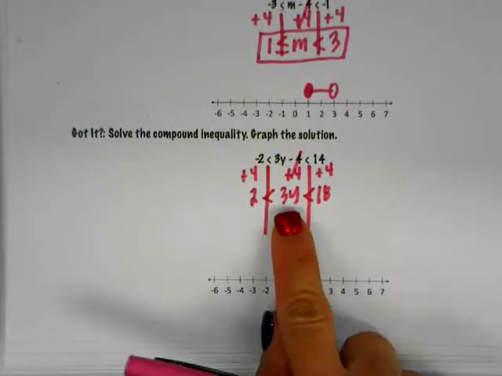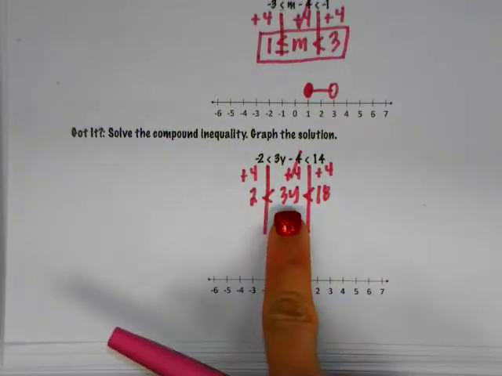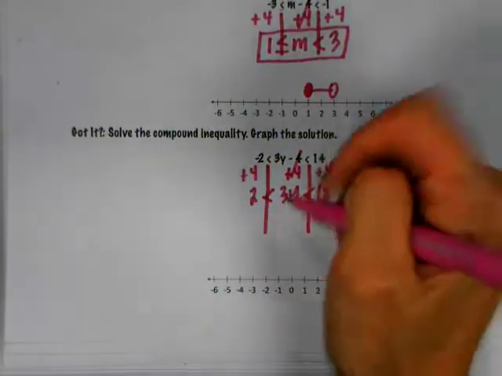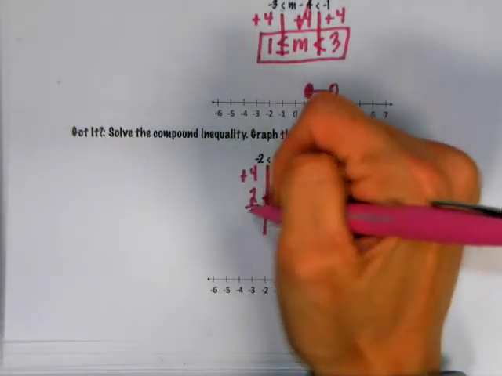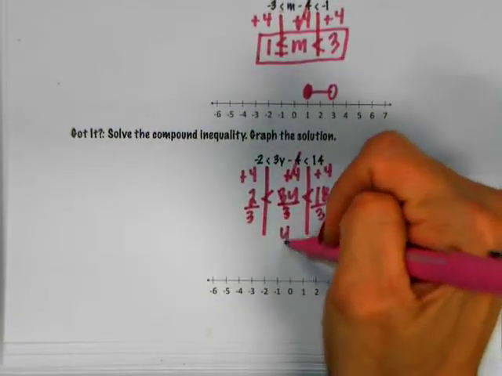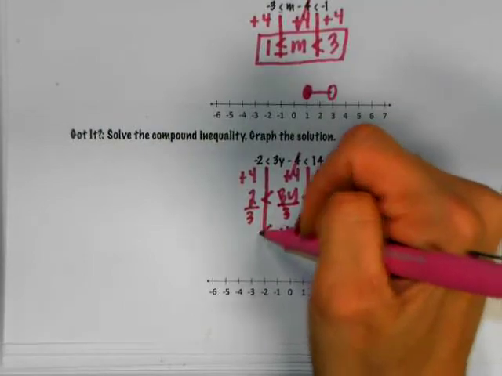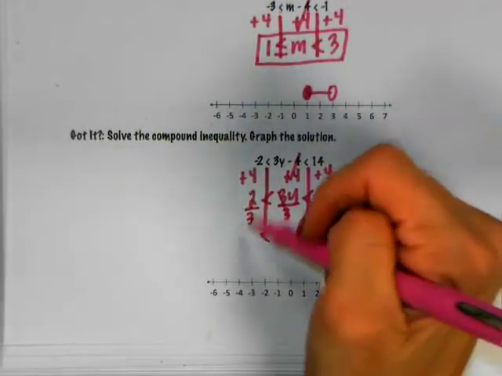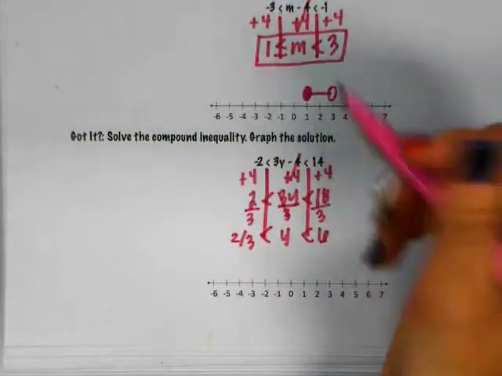Then you still have to keep getting the y by itself, so what would I do next? Divide by 3. So you get y, that's going to be 6, and we're going to keep that as 2/3.